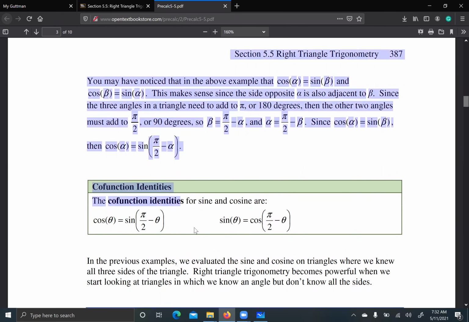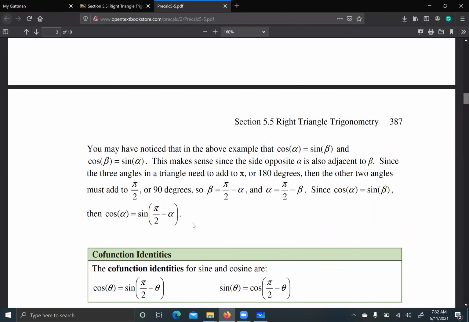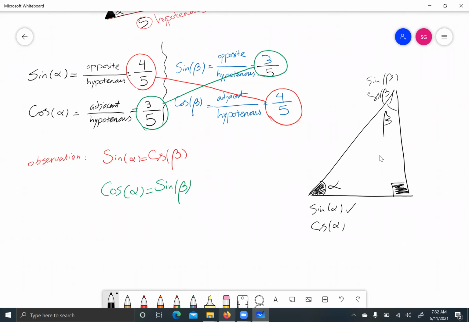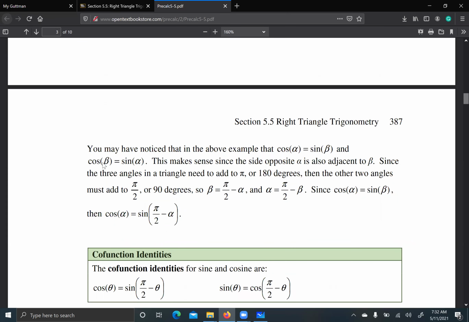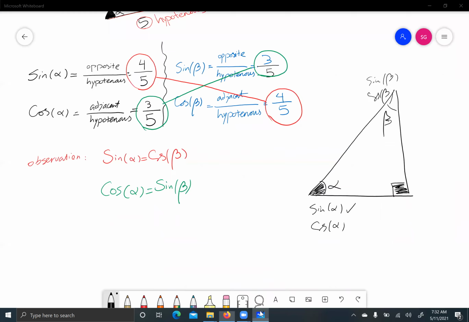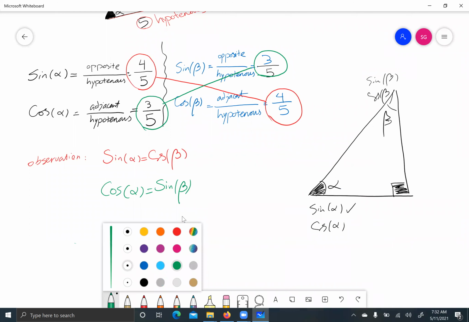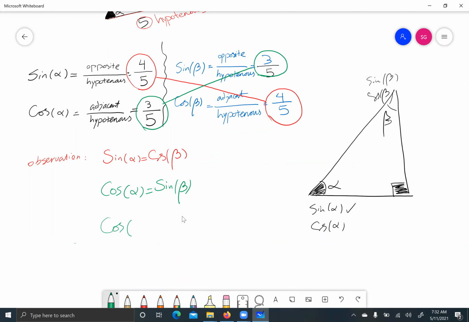Here is also the identity. To get to this identity, I'm gonna do one more step. You saw that sine of alpha is cosine of beta, right? And also cosine of alpha is sine of beta, like what I put here. We can even write further. Look, what is the relationship between alpha and beta?